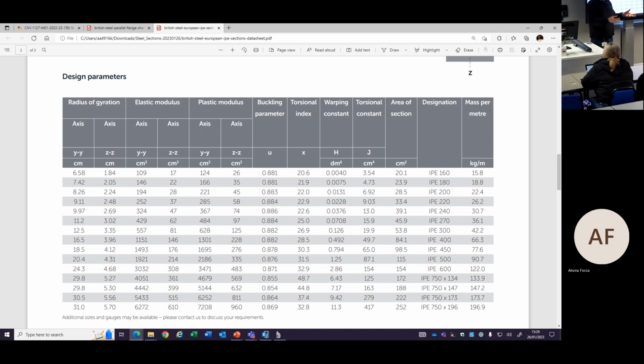They put them on a big vehicle and bring it to the site. With this section, every meter's weight is like this, 15.8 kilogram per meter. So one 6 meter profile will weigh 6 times this 15.8 kilogram.